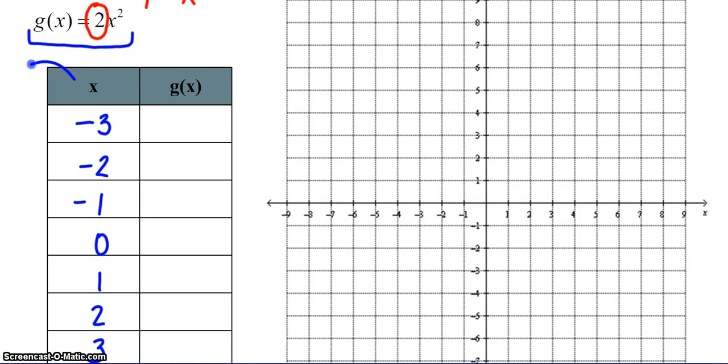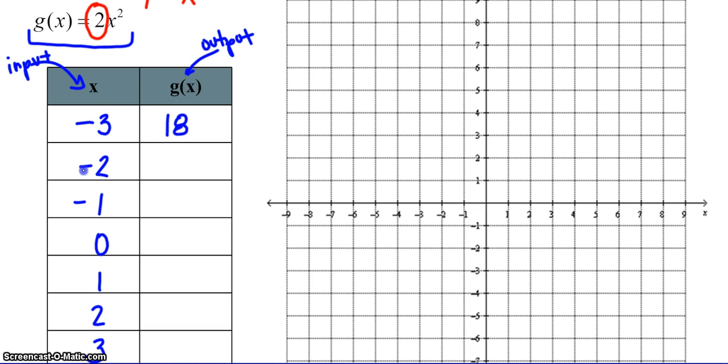Remember, x is our input, g of x is our output. So when I put a -3 into this function, I know that -3 times -3 is 9. So in the parent function, when I put a -3 in, I get a 9 out. But what I'm doing now is I'm taking that 9 and I'm going to multiply it by 2.